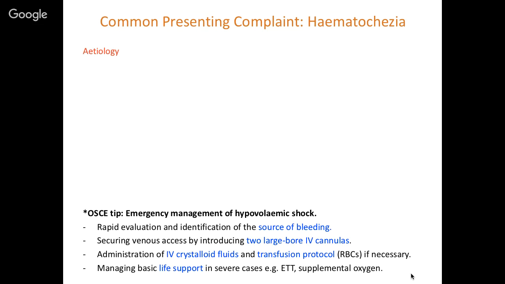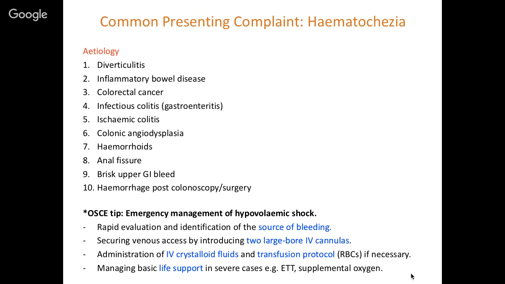Yep, diverticulitis. Unlikely, but it could lead to ischemic colitis, yep. Yep, post colonoscopy, post surgery. Yep, good, excellent, all very good ones. These are the 10 I had. We'll talk about most of these moving forward. But it's handy to have these and ask some rule in, rule out questions as well.